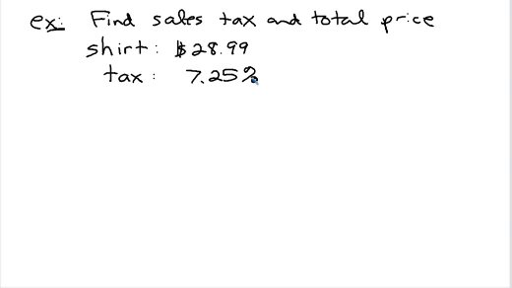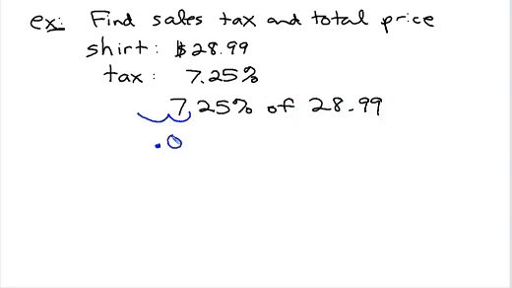This is a very simple calculator problem. If you ever want to find a percentage of a number, if I want to know 7.25% of $28.99, all you have to do is move the decimal 2 places to the left on the percent, which would make it 0.0725.